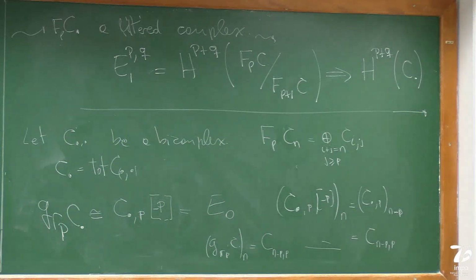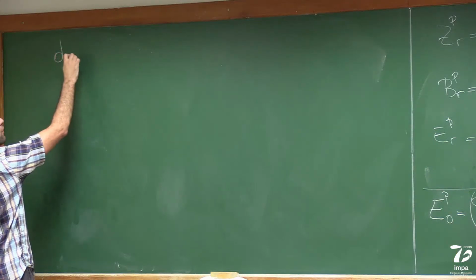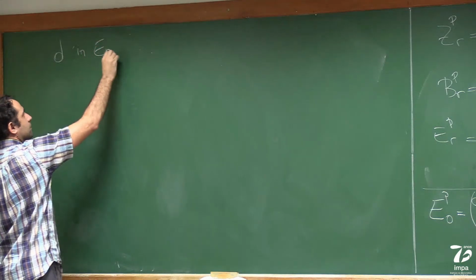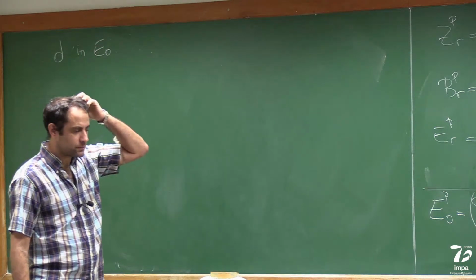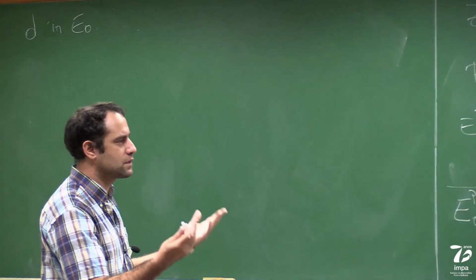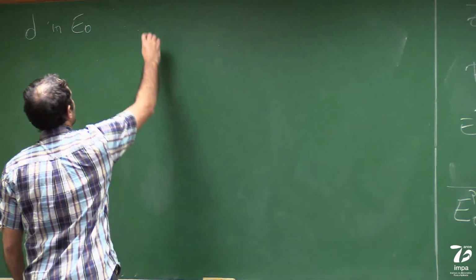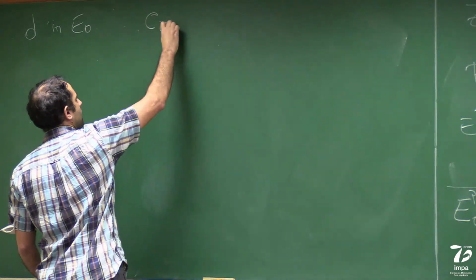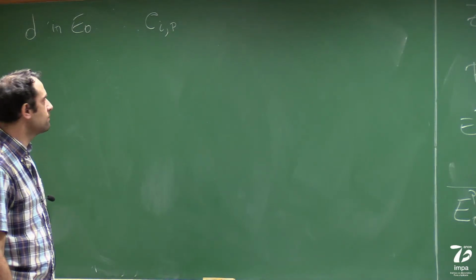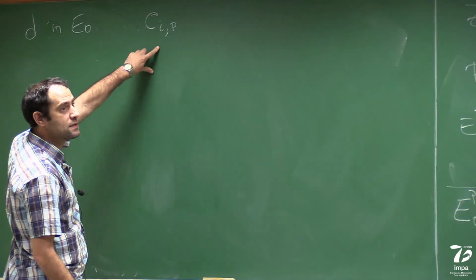So E0 is that associated graded. Let's look at the homology of that, which is our E1. So what is the differential in E0? I look at E0 in some degree, so some component of E0, which is this. And the differential is the differential in the total complex restricted to this component.